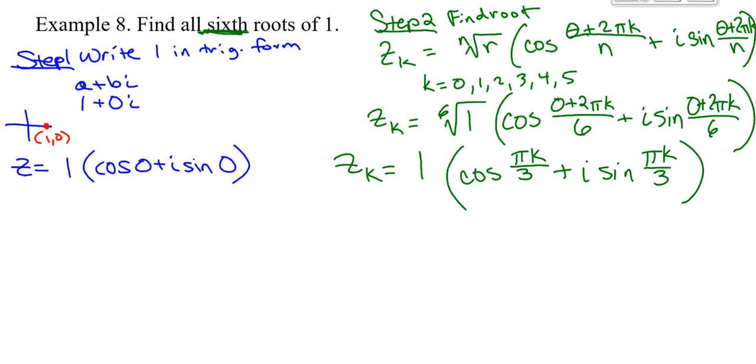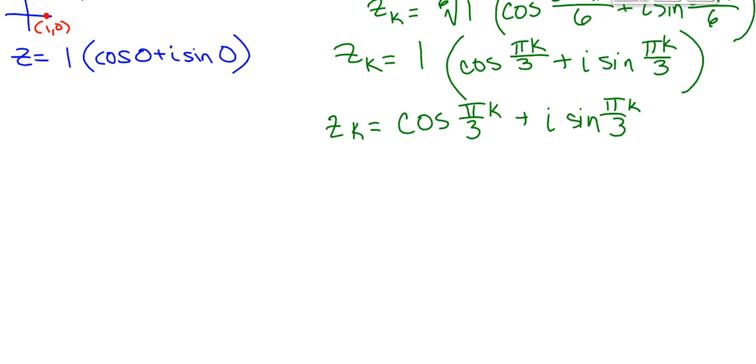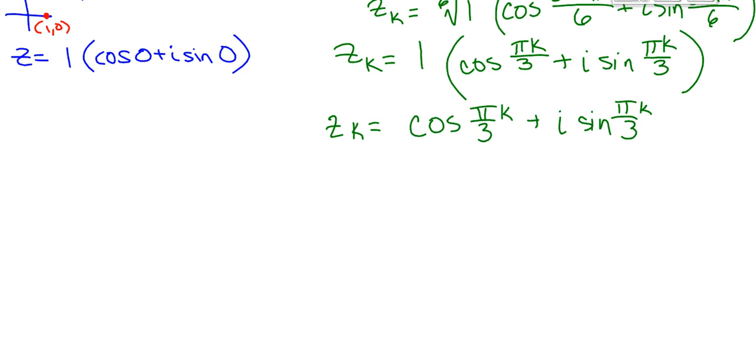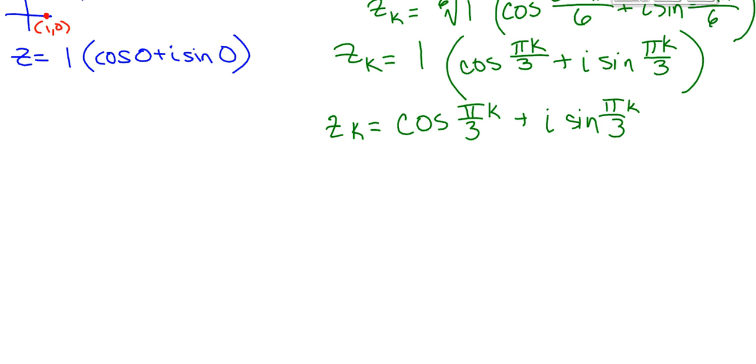Since this is a 1, I can ignore that now, but I know that if it weren't 1, I would have to figure that out. So I'm going to put cosine pi k over 3 plus i sine pi k over 3. Essentially, I'm going to do this exact equation how many times? 6 times.